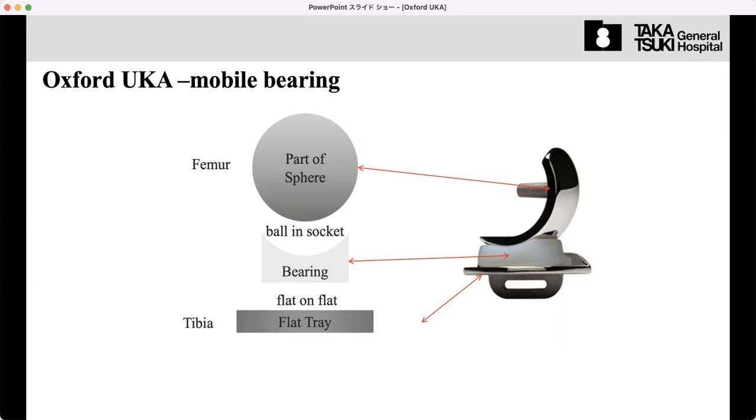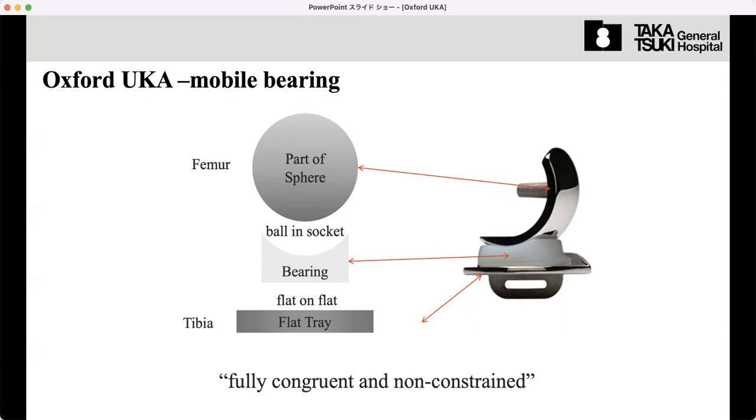It is a ball-in-socket articulation. The under surface of the bearing is flat, and it articulates with the upper surface of the tibial tray, which is flat. So between the femur and bearing it is a ball and socket, and between the bearing and the tibial tray it is flat on flat. Both articulations have perfect conformity, so we call it fully congruent and non-constraint.